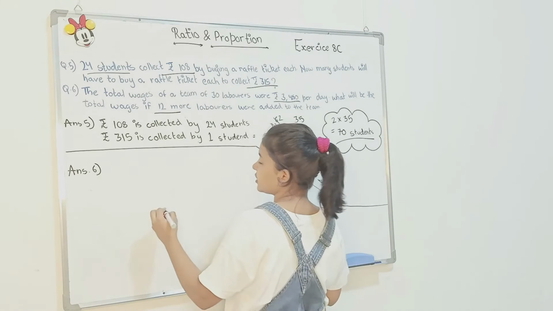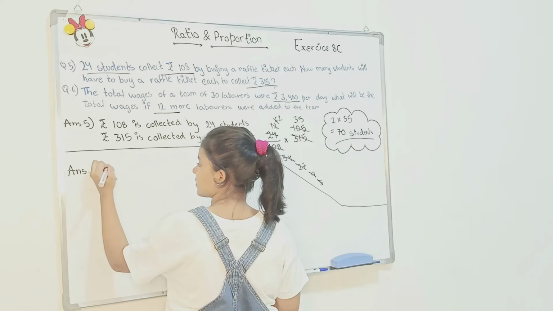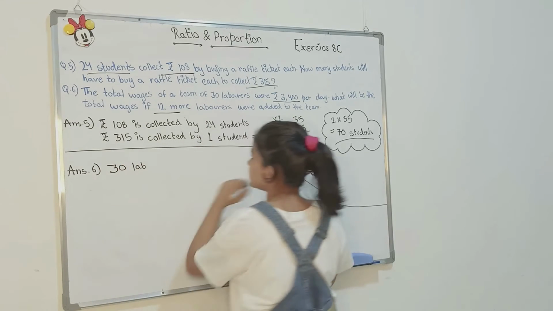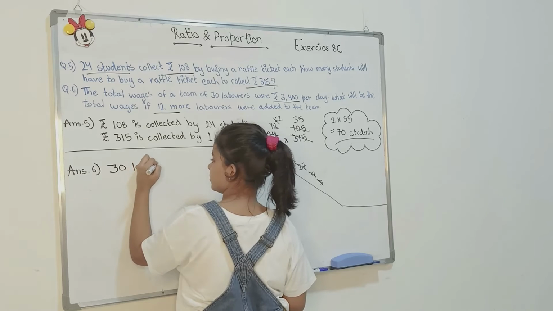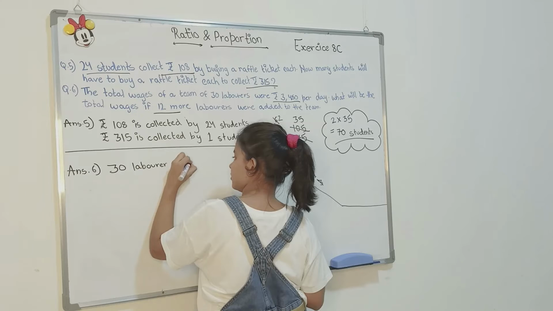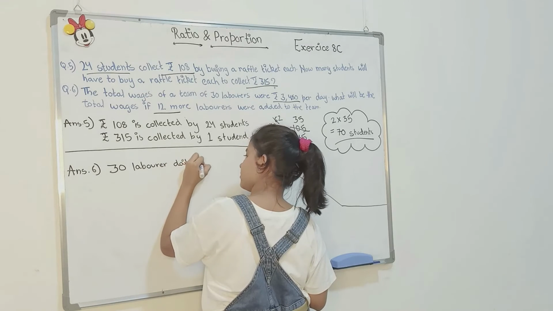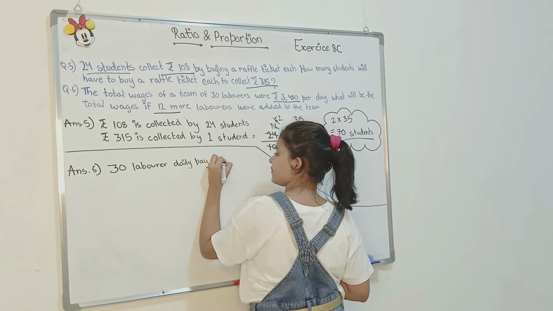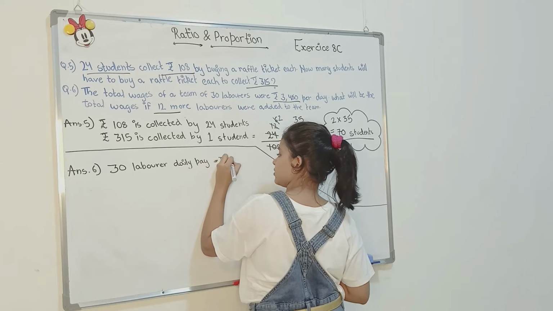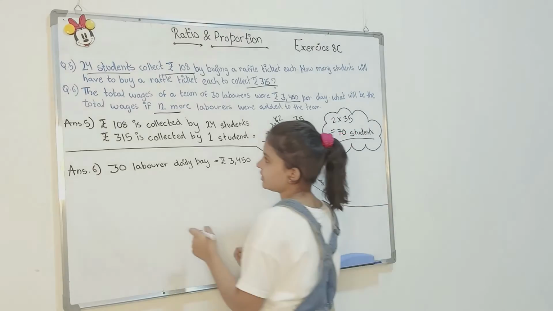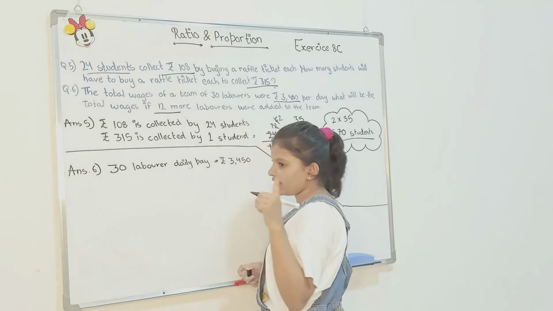So first we'll write 30 laborers daily pay. Then it was rupees 3,450. Then we have to find for one laborer daily pay.